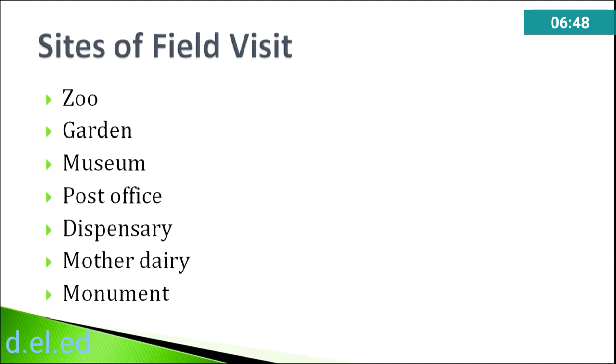So a trip should be treated as a means of making observations and collecting data. These are certain sites of field visit: zoo, garden, museum, post office, dispensary, mother dairy, monument, or anything else which you think is close to your school and where taking students is not a hassle.